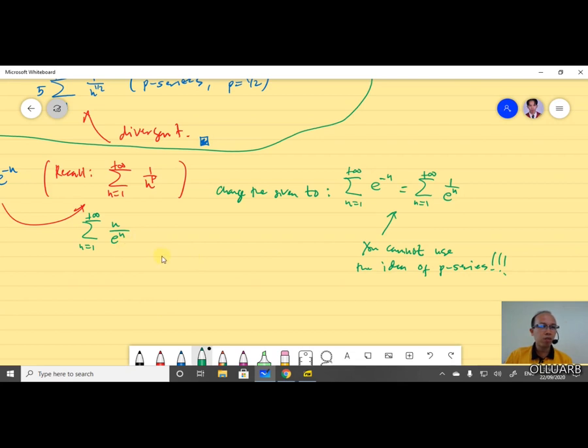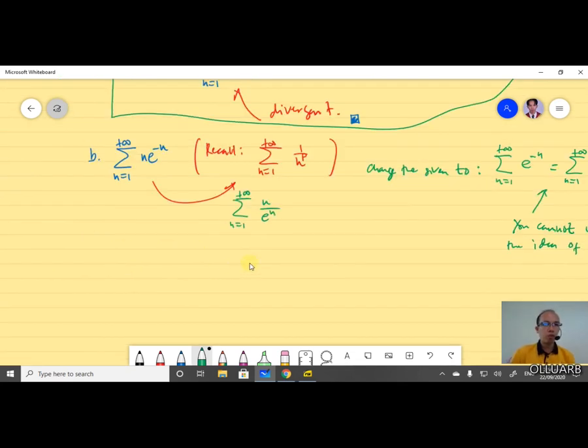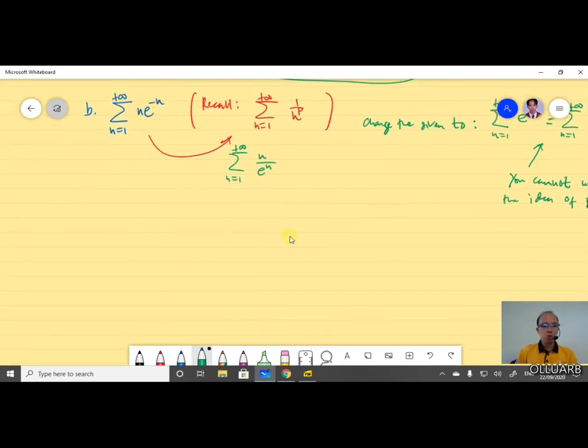So therefore we are forced to solve this problem using the integral test, since we did not discuss the topics called direct comparison, limit comparison, the root test, or the ratio test.